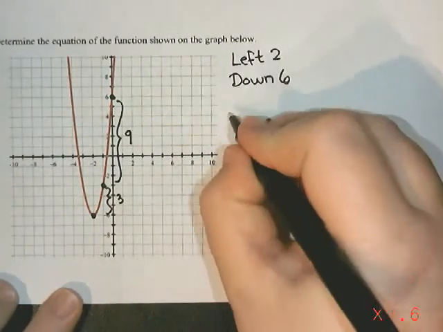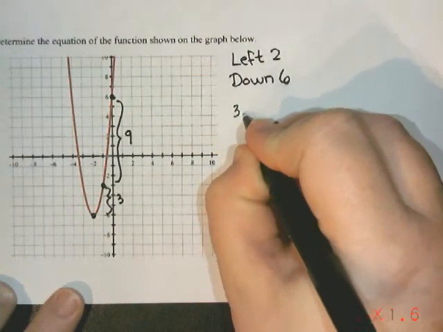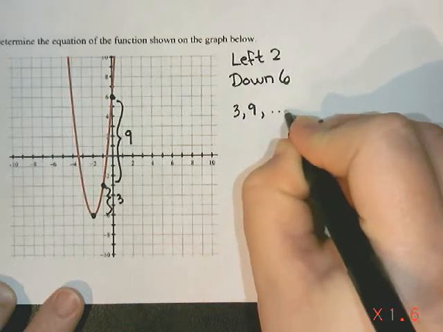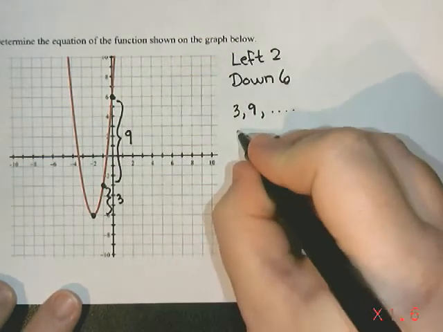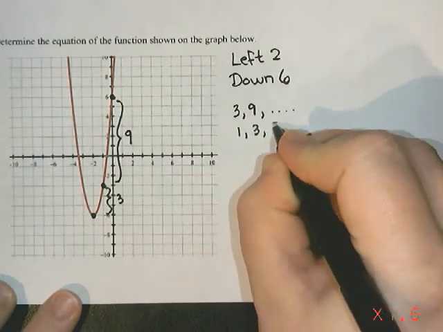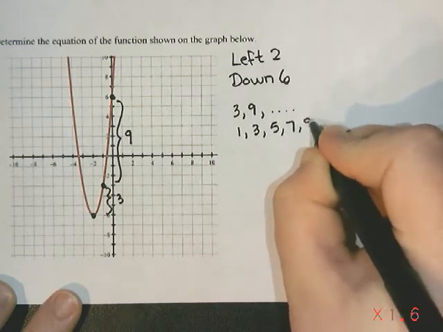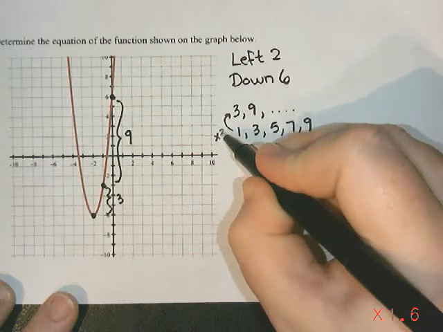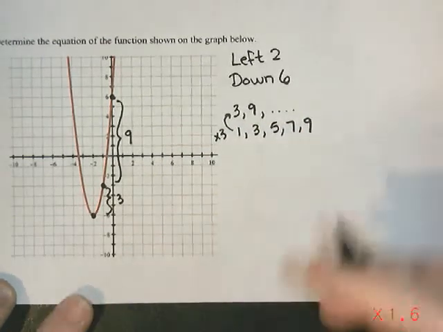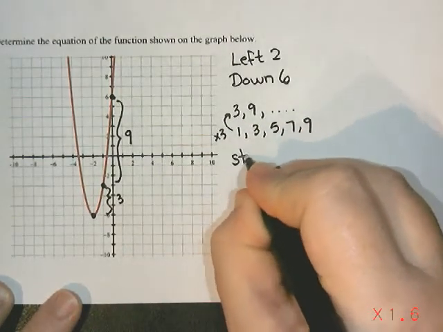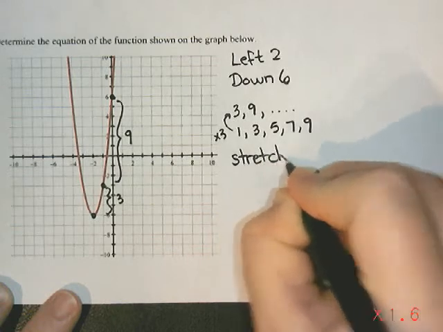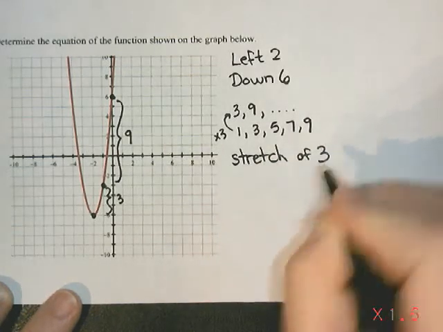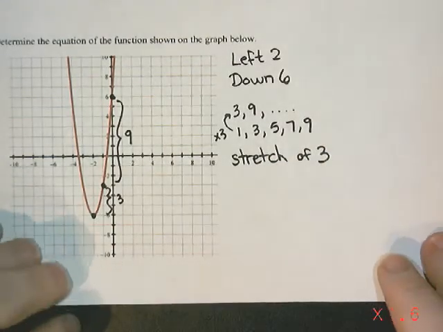So my step pattern here is 3 and then 9. And normally my step pattern is 1, 3, 5, 7, 9. Which means it looks to me like we have multiplied our step pattern by 3, which would be a stretch of 3. Now it's not upside down, so it's not a reflection.